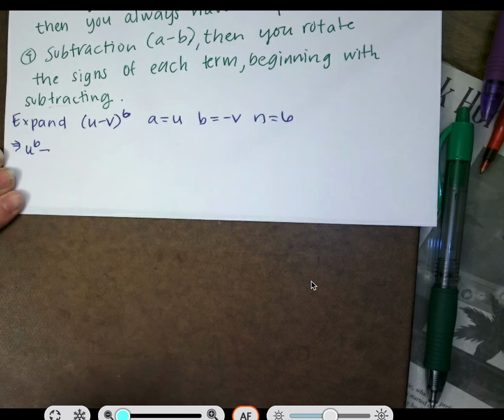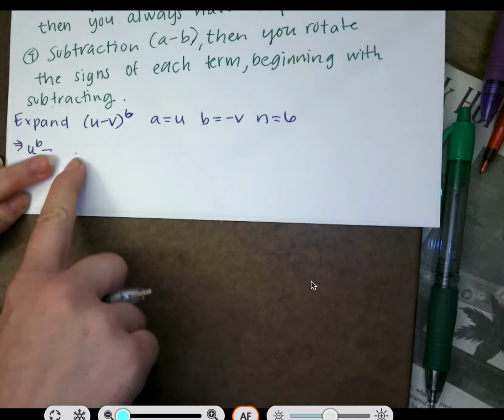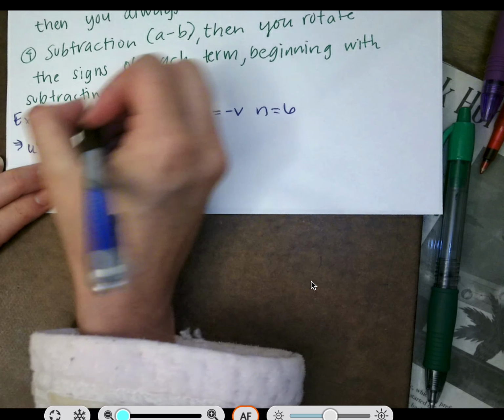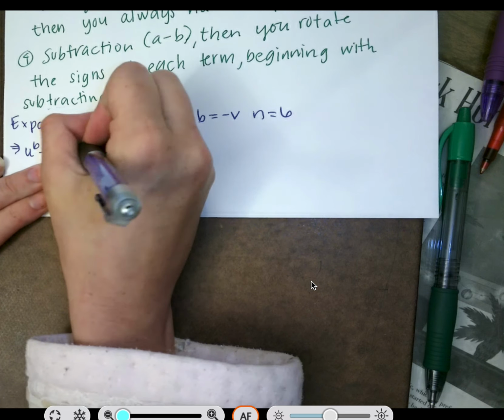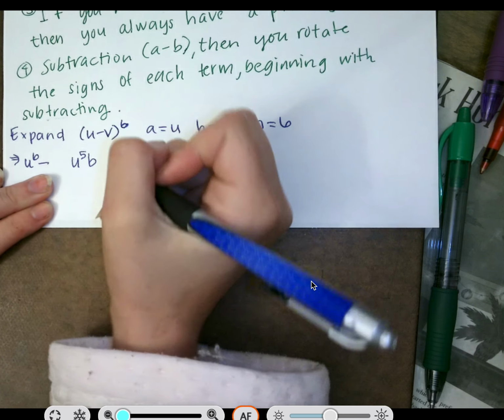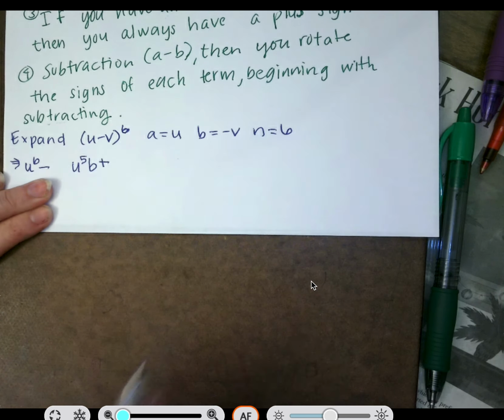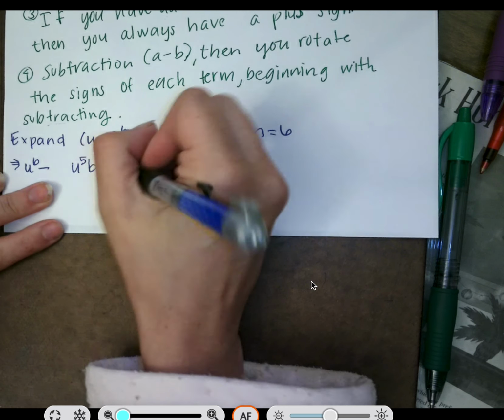Minus, make sure to leave room for your constant. We'll just skip some space and not underline it anymore. A 6 minus 1, 5, b to the first power, plus, rotating your signs. Let's leave room for our constant here.